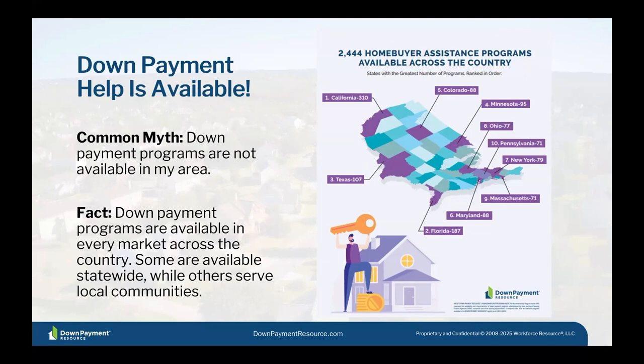Income and price limits are also market adjusted based on median incomes and median prices in that market. So you end up seeing higher limits in higher cost markets. On this image on the screen, you can see the states with the greatest number of programs. But there is literally no county in the country where some kind of help isn't available.